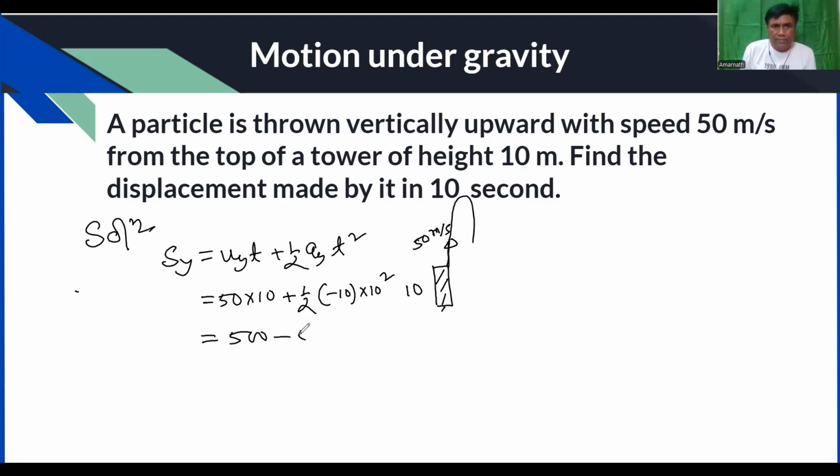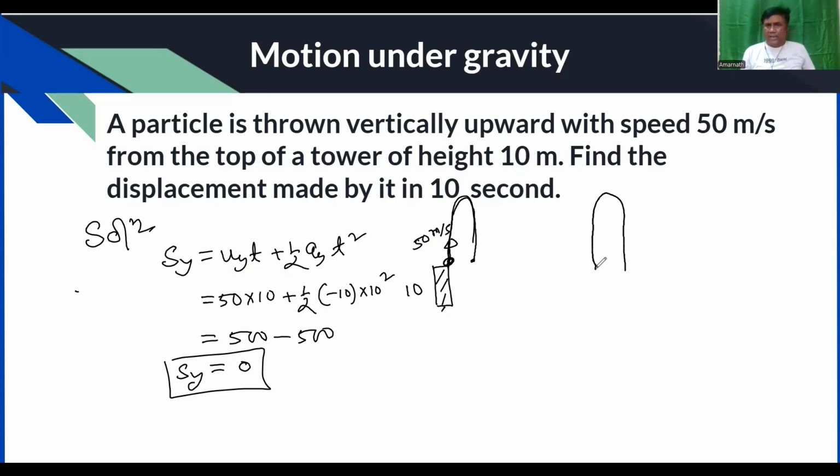That is also 500, which is equal to 0. So what does it mean? It means from this point, as I have told, it goes up and comes back to the same level. Okay. See, it will be straight line only. For simplicity, for explanation purpose only, I have drawn like this. But actually, it will go and come back in the same line.